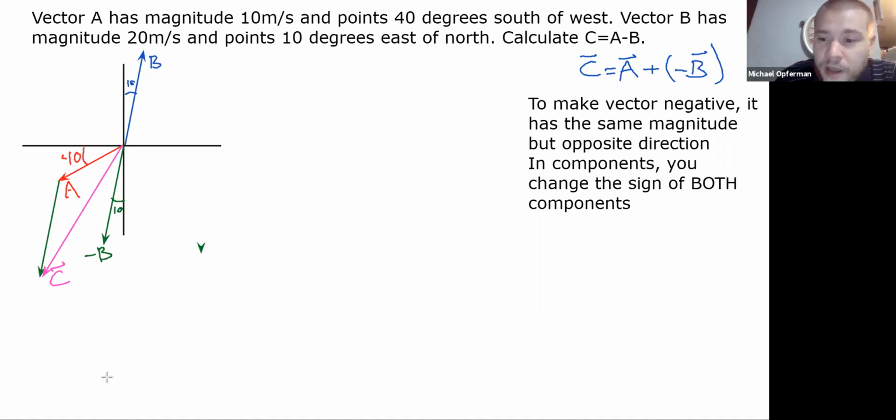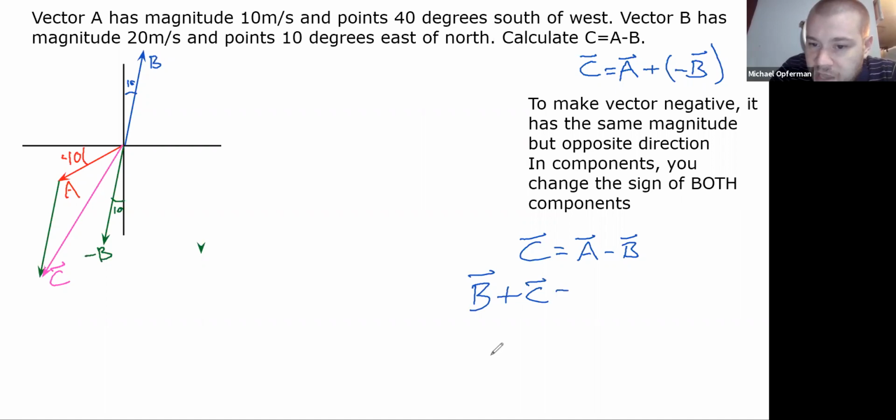There's a number of other ways you can do this. Another very simple method of doing this, if you prefer algebra: we have up here, we know that C equals A minus B. So another way to think about it is add B to both sides of the equation. You are still allowed to do that with vectors.